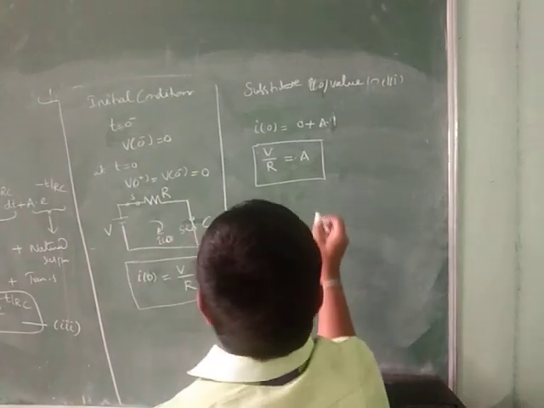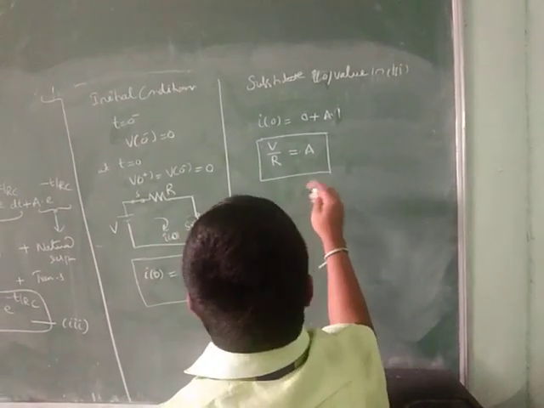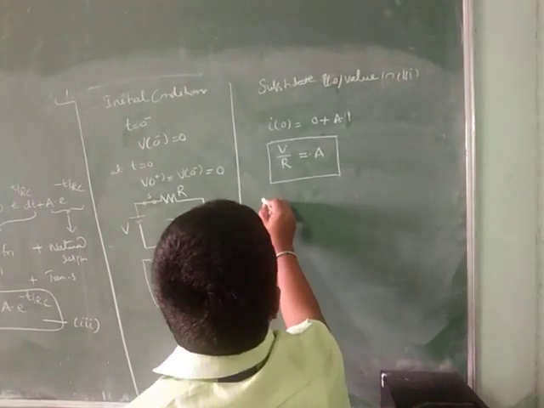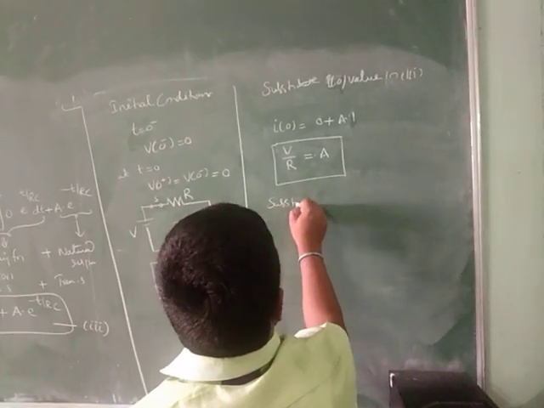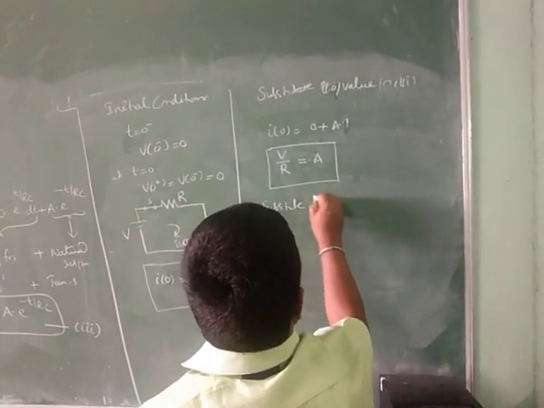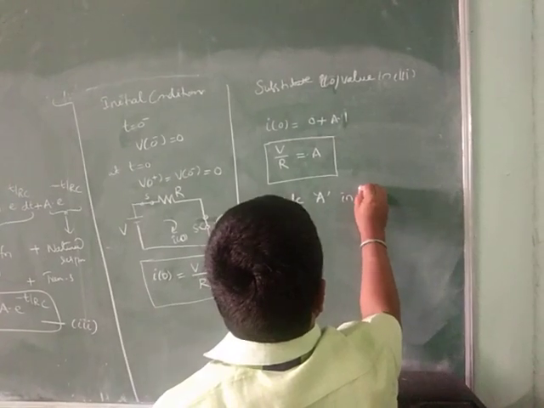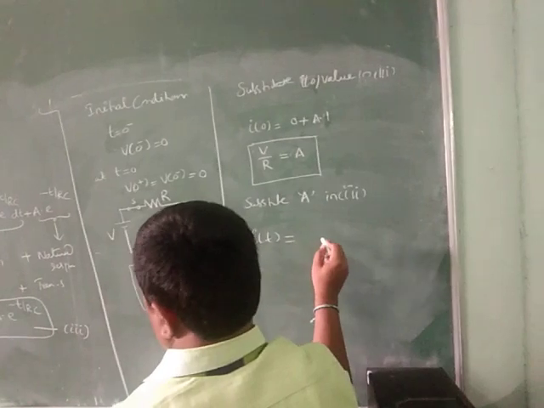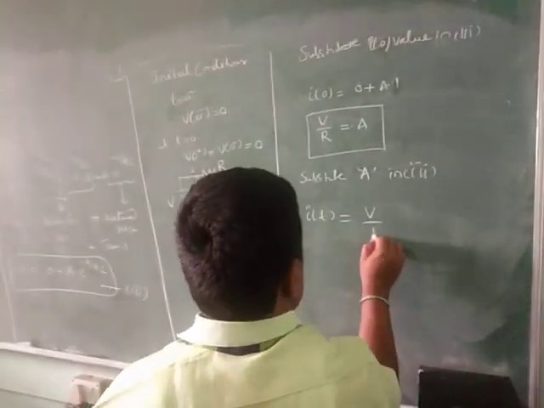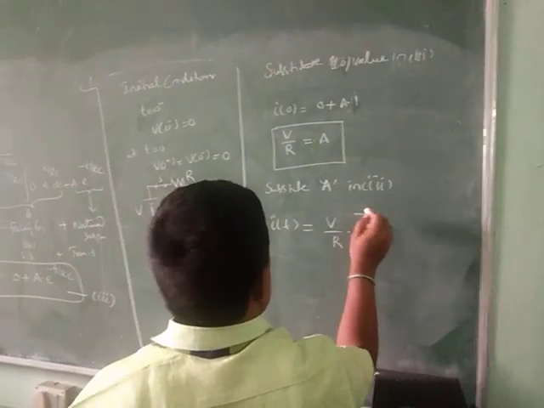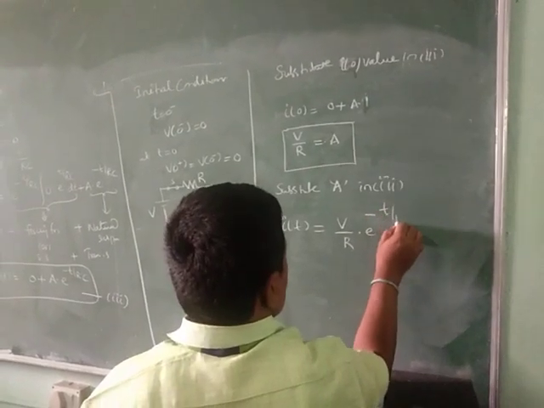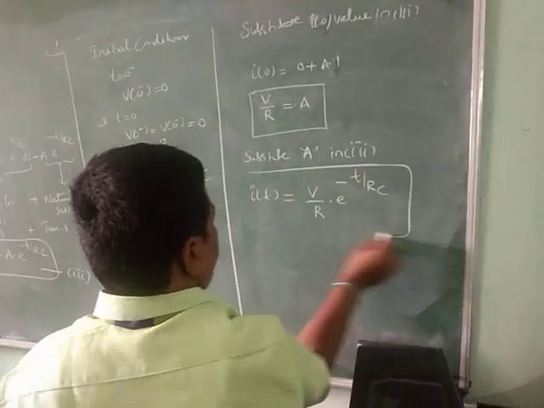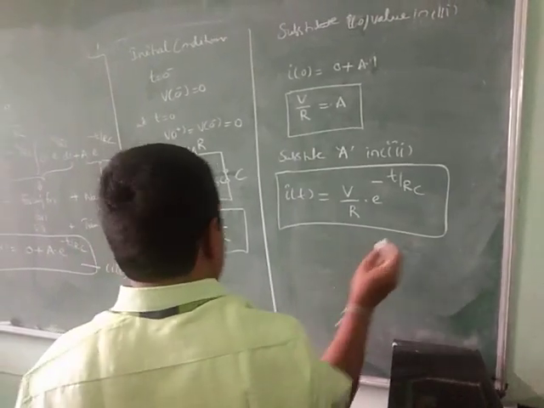Now substitute A in equation 3. Then I of t is equal to V by R into e power minus t by RC. This is equation 4.